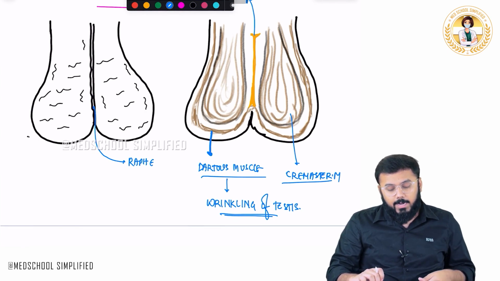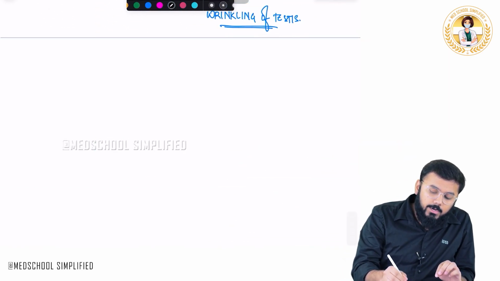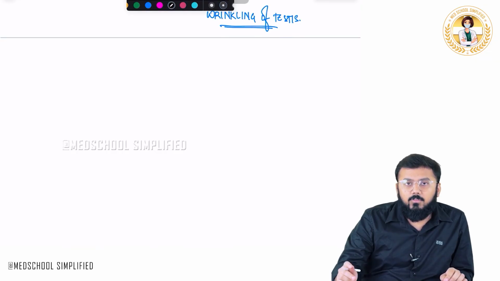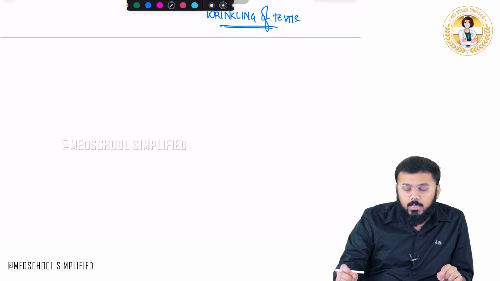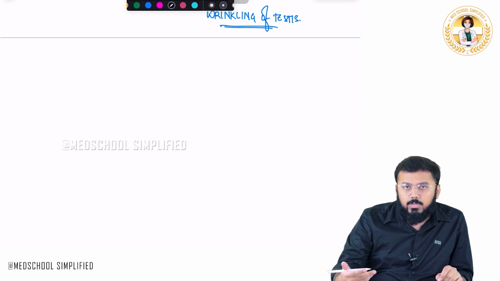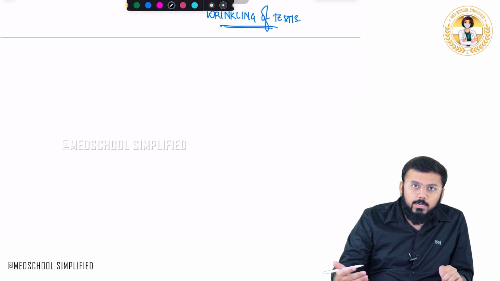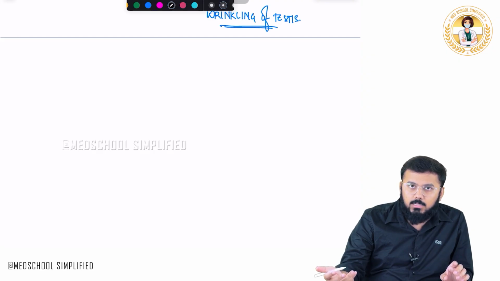If you have to write down the definition of the scrotum, what do you need to write, guys? The scrotum is a fibromuscular as well as a cutaneous layer. It is located between the penis and the anus. All of you know that the scrotum hangs between the penis and the anus.